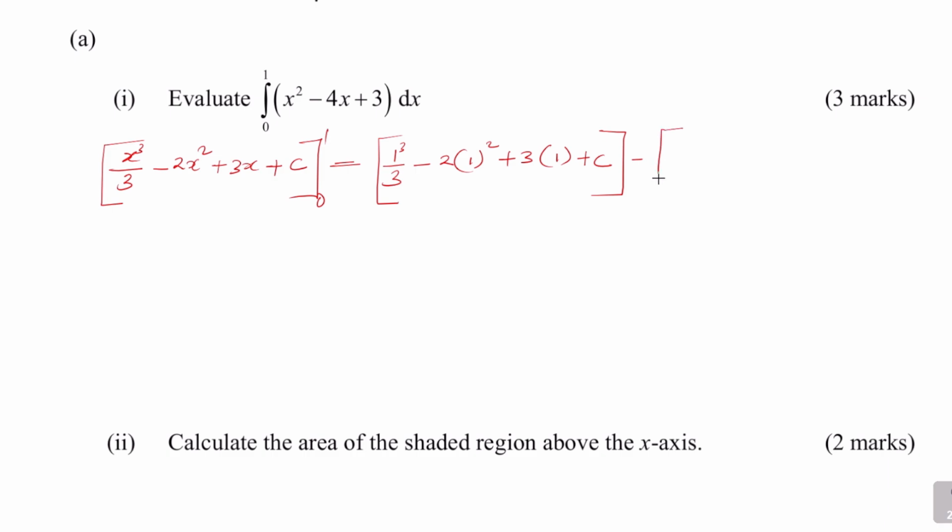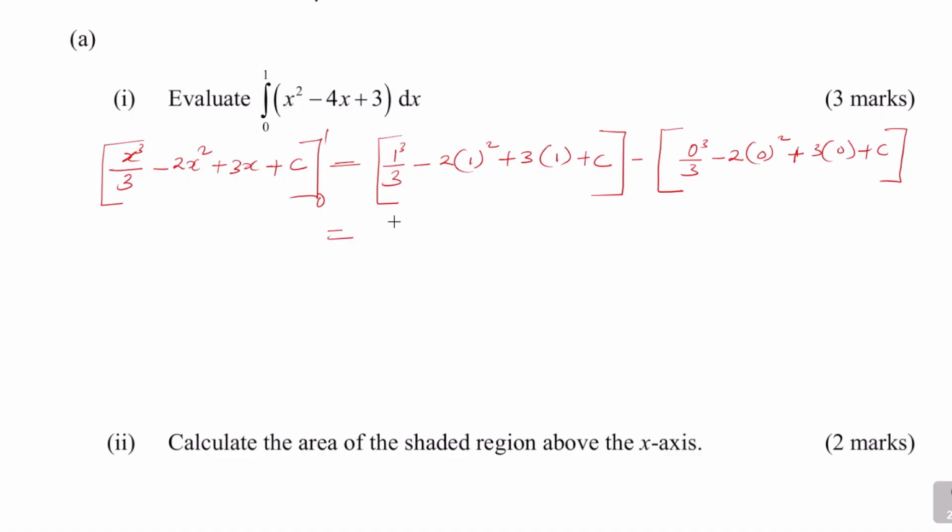And then from there, you can substitute 0 in x. So you have 0 cubed divided by 3 minus 2 times 0 squared plus 3 times 0, and then plus the constant.